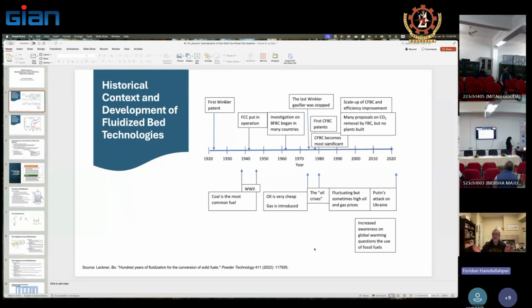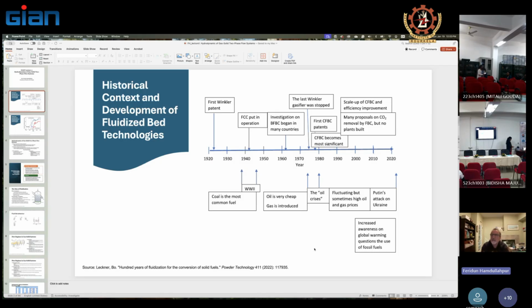So we should not mix those with, for example, water in a boiling heat transfer. Water could be both in liquid phase and gaseous phase, which forms a two-phase system. This is different. This is gas and solid, two different substances, but together we call it two-phase.